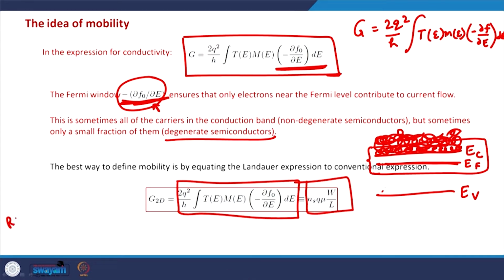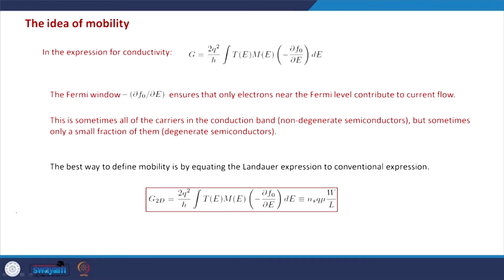Just recall that conventionally this is how it looks. G is 1 by R, so this will be 1 by rho. Sorry, in the case of 2D materials, instead of area we have the width here. So instead of A we have W.